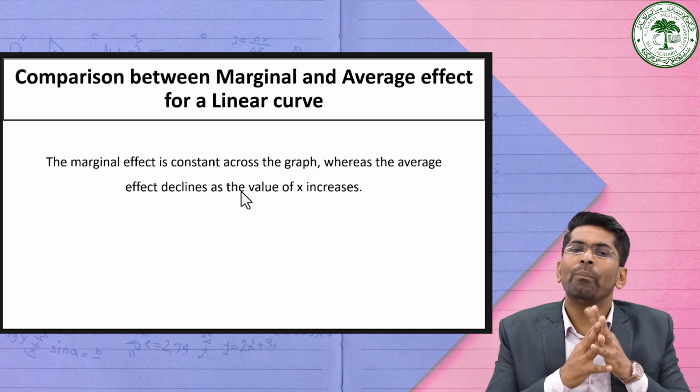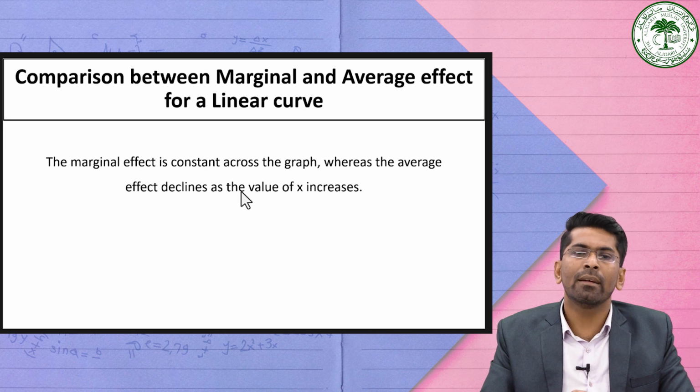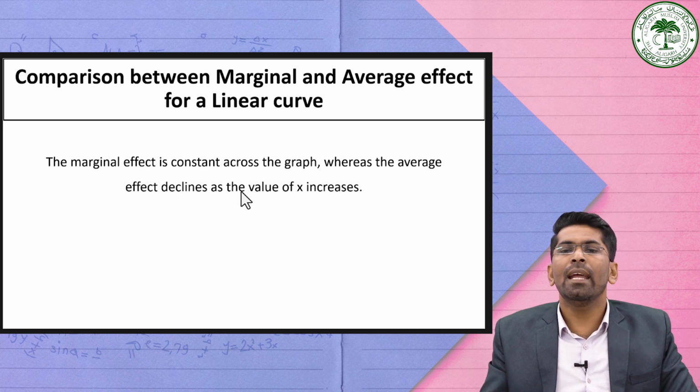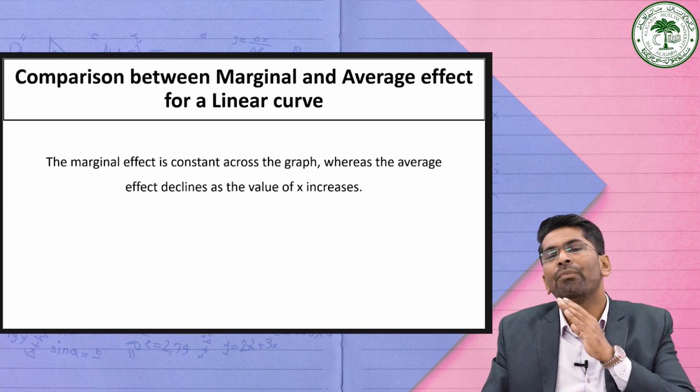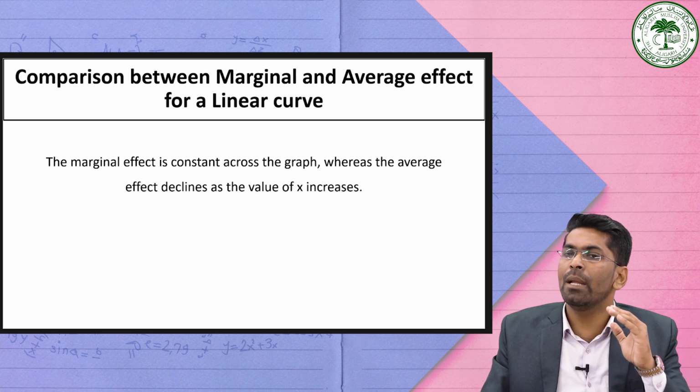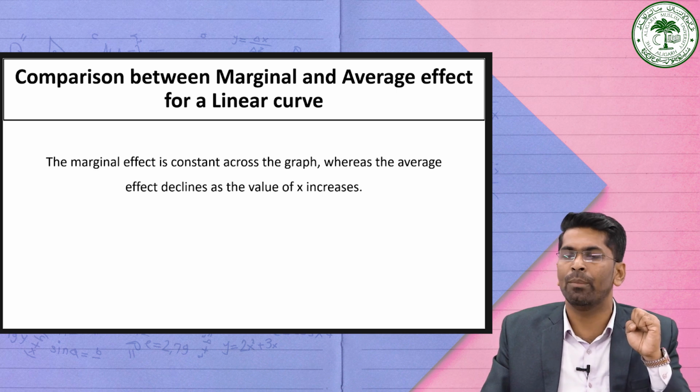So we are going to compare the average effect and marginal effect of a linear curve. See, in a linear relationship, what we have already shown, a linear income consumption function, the marginal effect represents a change in the dependent variable resulting from one unit change in the independent variable.